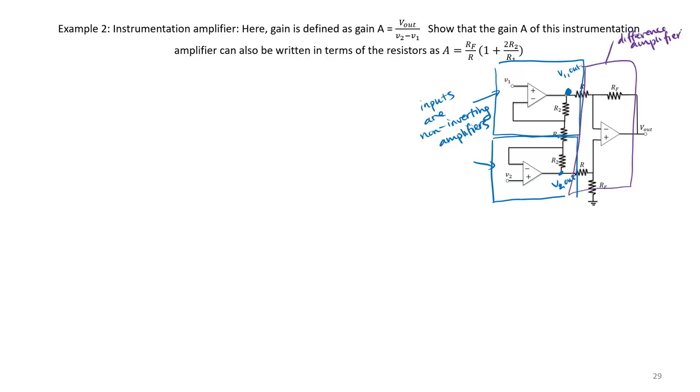So let's first determine an expression for the voltages that are produced by those non-inverting amplifiers. And you'll remember, a non-inverting amplifier has its behavior given by the relationship V out is equal to 1 plus Rf divided by R1 times V in.